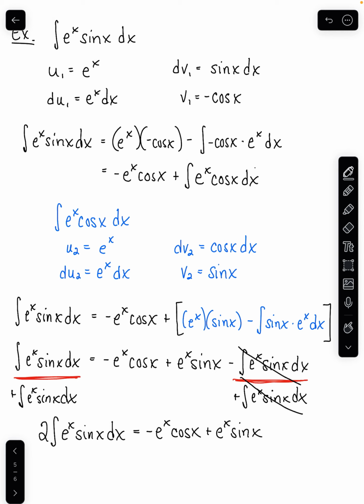Which means we can actually get an end result of this. Because what we're looking to do is find out what is the integral of e to the x sine x equal to. Well, divide both sides by 2. Or multiply both sides by 1/2 if you prefer that.